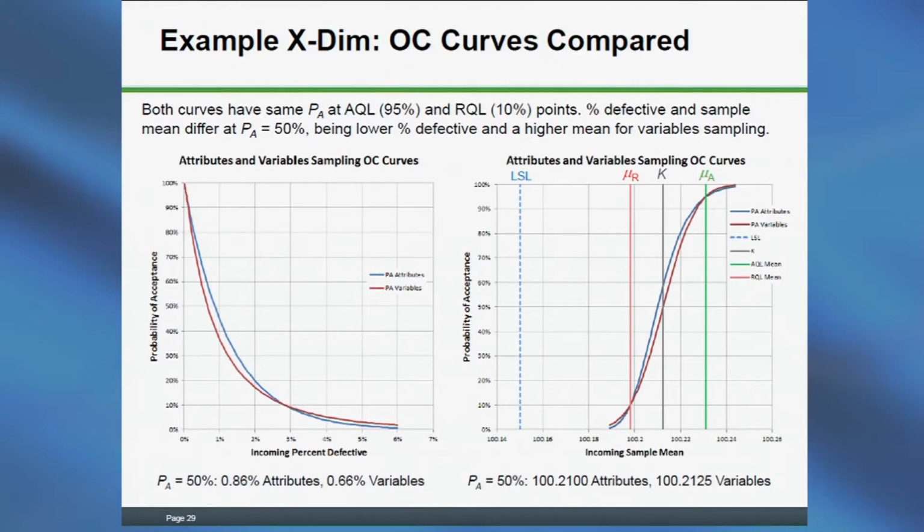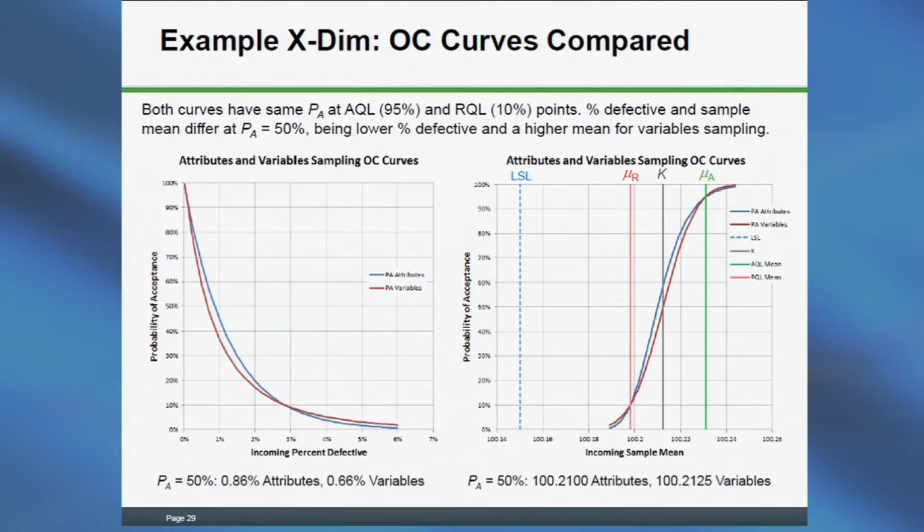So here's now the comparison between a sample of size 5 versus attributes data of 80 and accept on 0. You can see that the left-hand side is in terms of the incoming percent defective, and the right-hand side is in terms of the incoming means. They're both equivalent curves. It's just different representations of the two acceptance procedures. Both of these curves have the same probability of acceptance at the AQL, 95%, and the same probability of rejection at RQL.